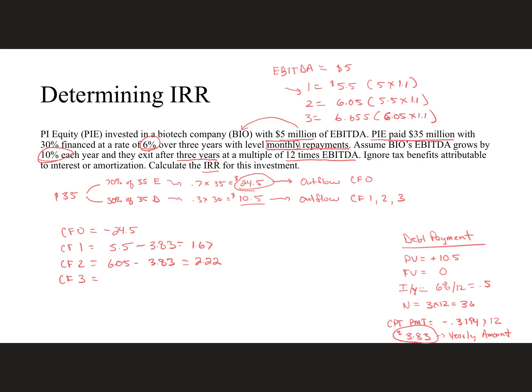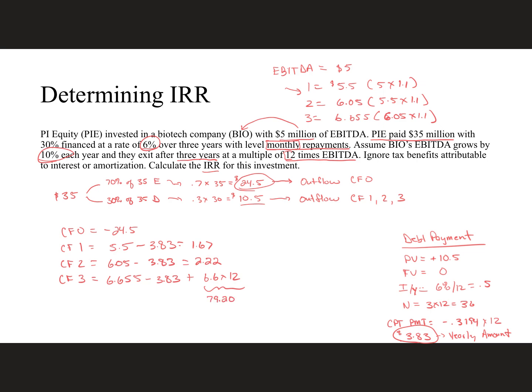In cash flow year three, we actually have something different because we're getting ready to sell off this company at 12 times EBITDA. The first thing is we get our cash flow of 6.655. We take out our last debt payment, 3.83, but we're going to sell this at 6.6 times 12, and this is our exit, 79.20.